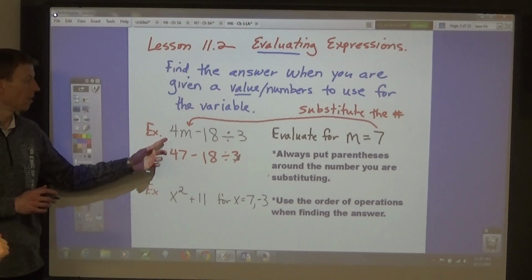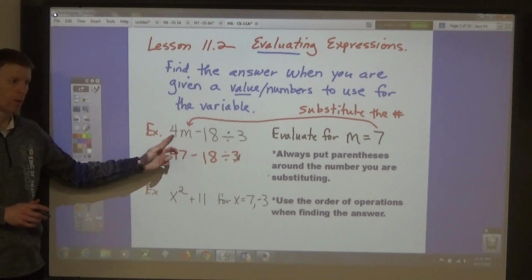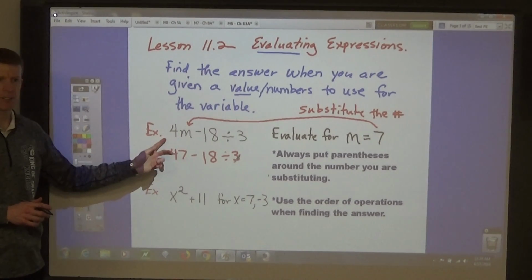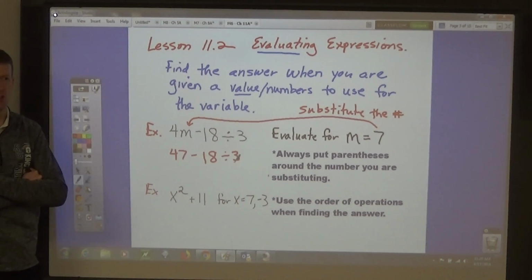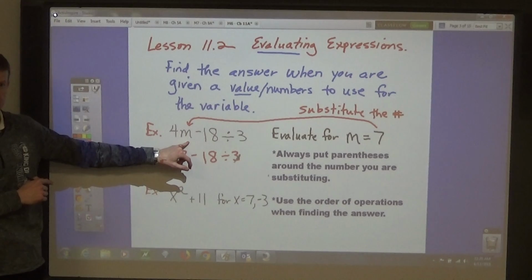Does this mean 4? What does 4m mean? What did we learn yesterday when you see 4m? What operation does that mean? Multiply. That means multiply 4 times m.